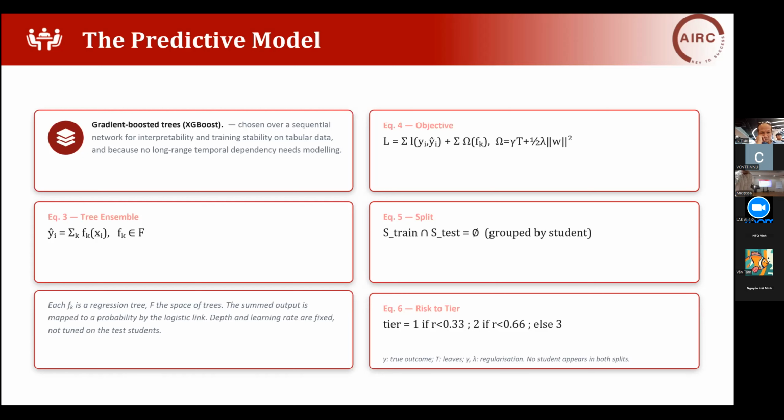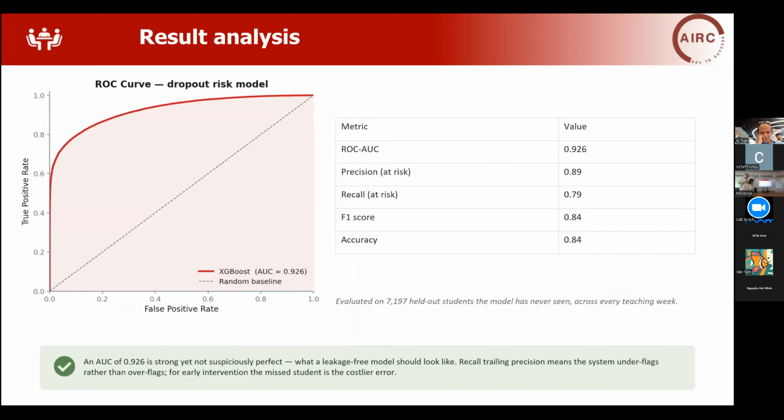For the results, because of the size of the dataset, I could only train on 7,000 students. On the 7,000 students the model has never seen, we reach an AUC of 0.92. That means in 9 cases out of 10, the model correctly identifies which of 2 students is going to fail or succeed.